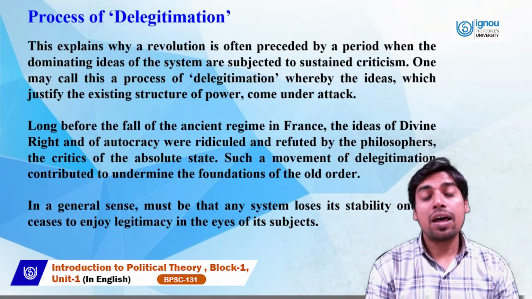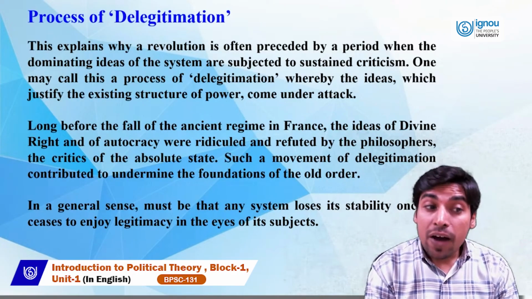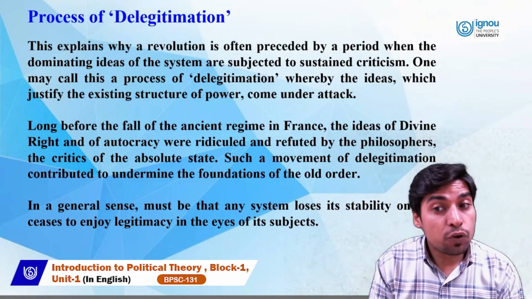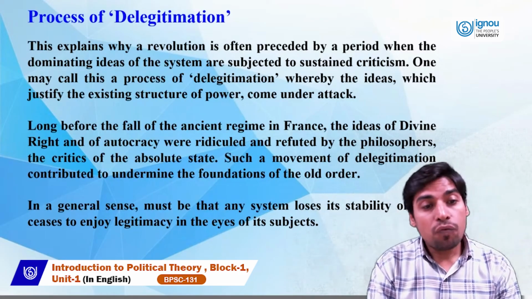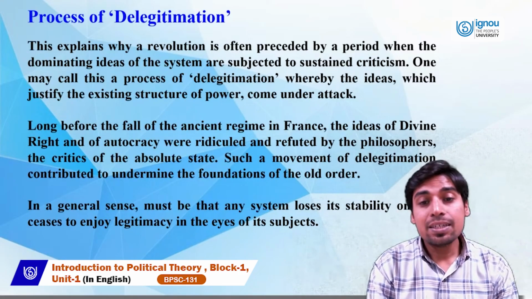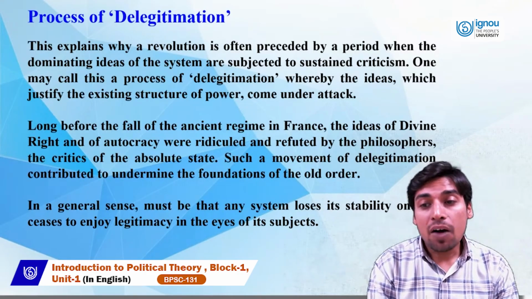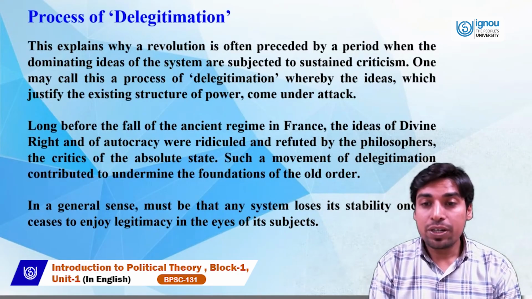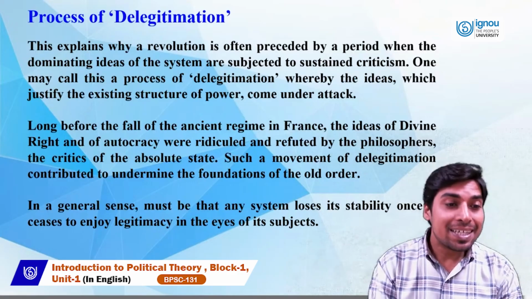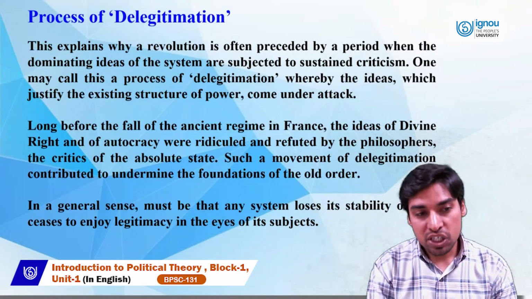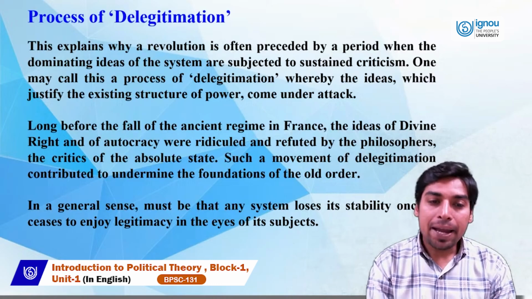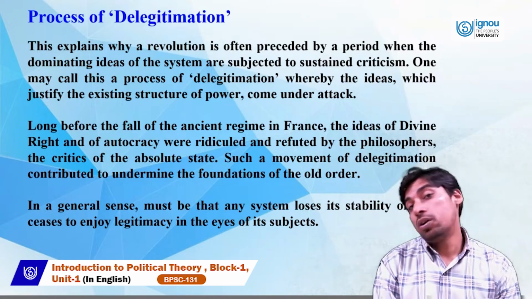Long before the fall of the ancien regime in France, the idea of divine right, related to religion, and of autocracy were ridiculed and refuted by the philosophers. The critics of the absolute state contributed to undermining the order.